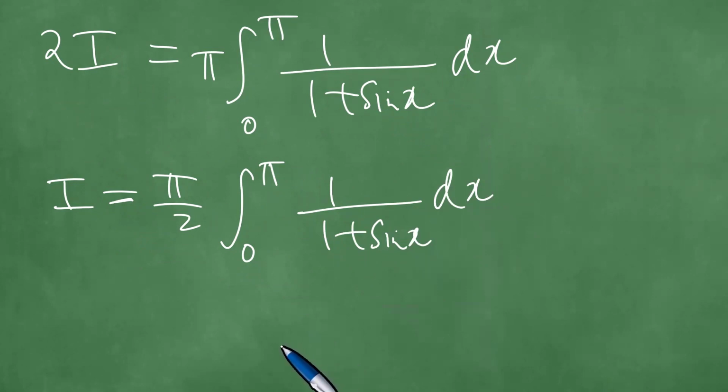Now this is a very interesting integral, but very easy to evaluate: the integral of 1 over 1 plus sine x dx with the pi over 2 outside. So we evaluate it.